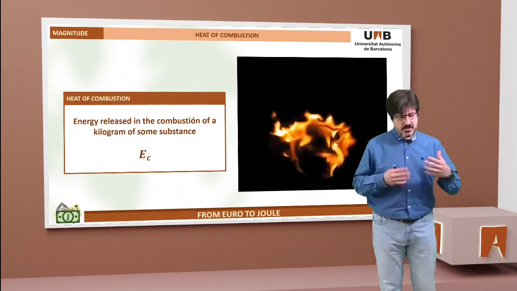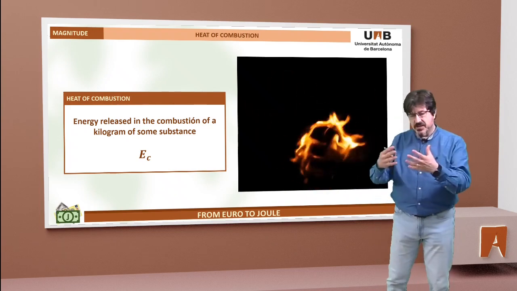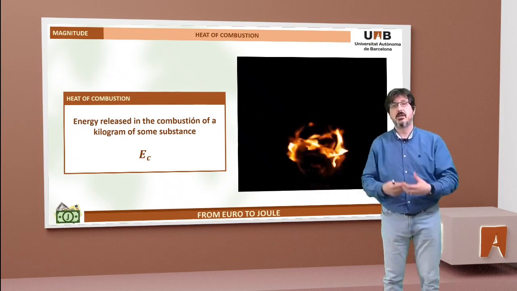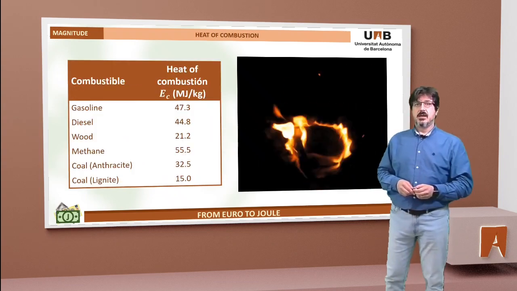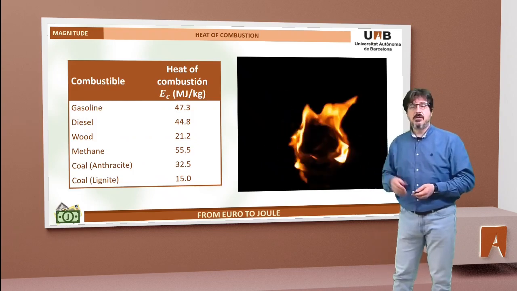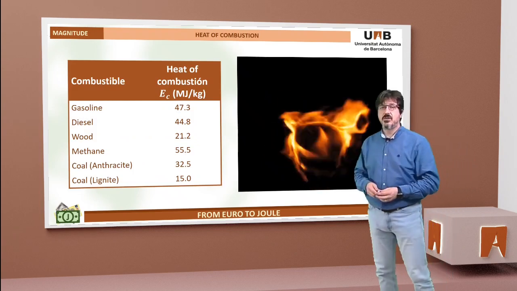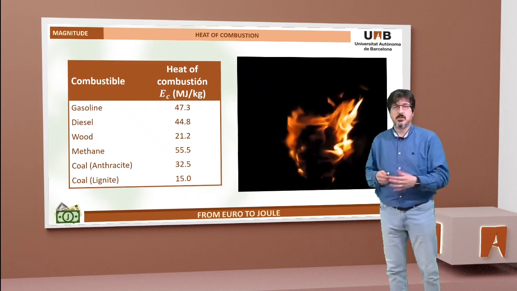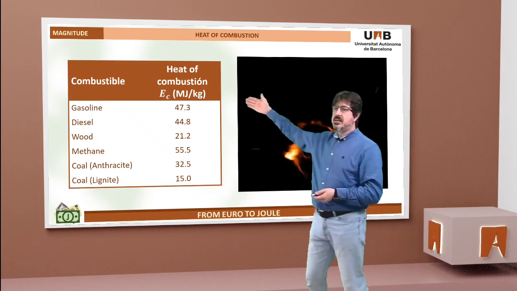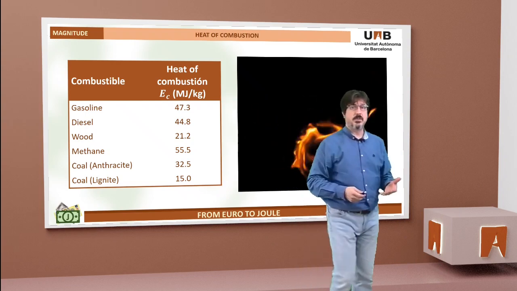The heat of combustion is the amount of energy that is released when we burn 1 kilogram of some substance. If we take a look at the historical energy sources that we as a society have used, we can see that gasoline is at the top, almost at the top.